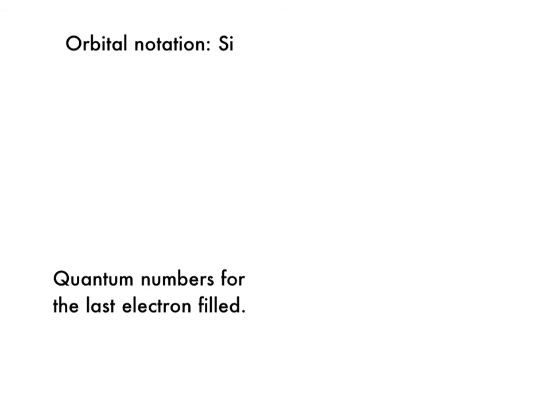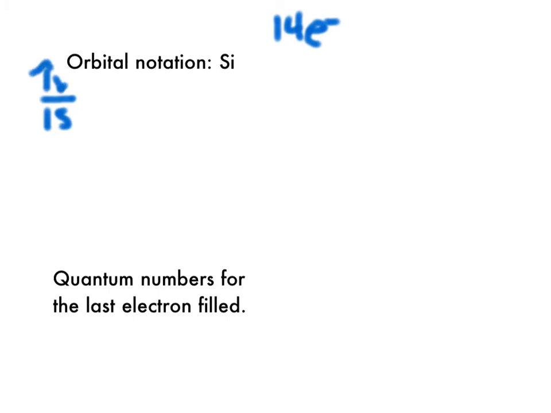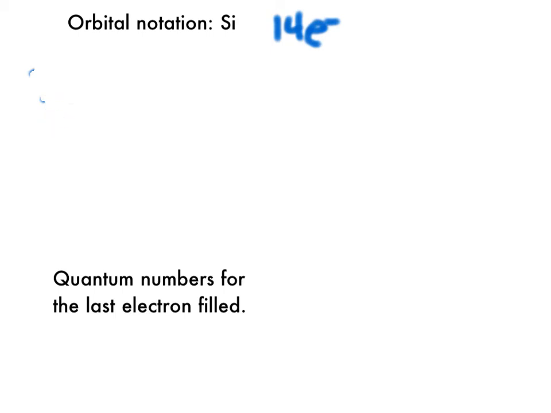To do the orbital notation for silicon, we do it similar to the electron configuration, but we're going to actually draw out the orbitals. So silicon has 14 electrons. We start in the 1s, and we draw a line to represent the orbital, and we put 2 electrons there.